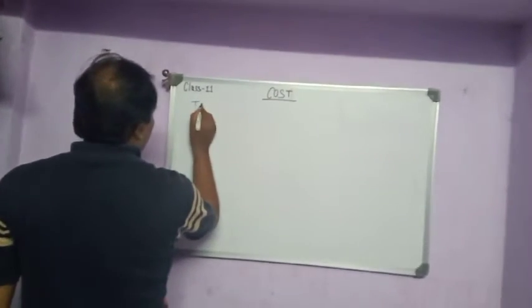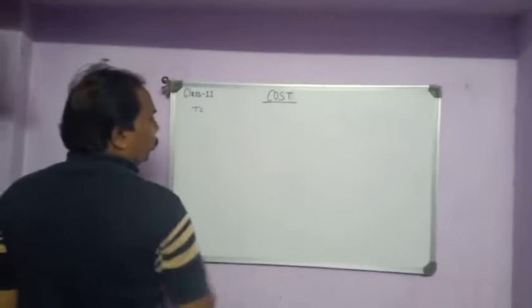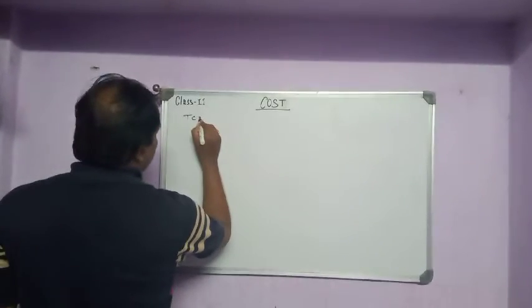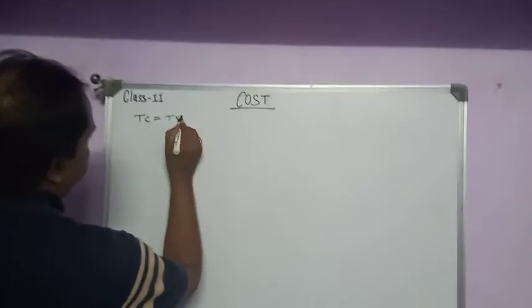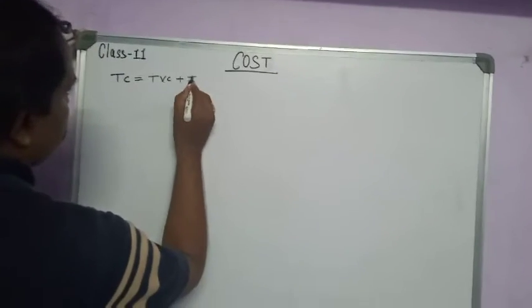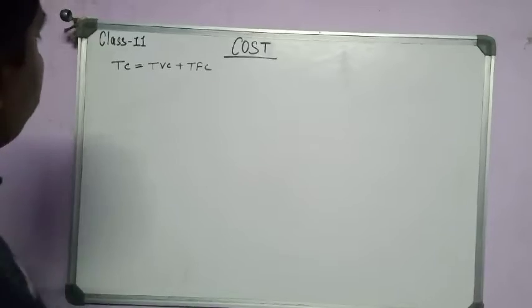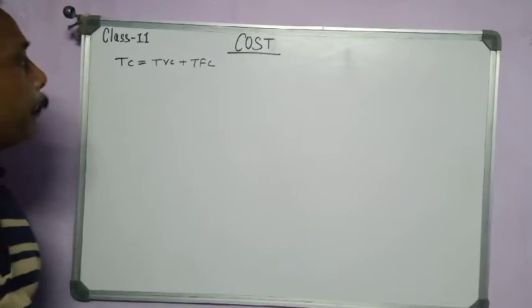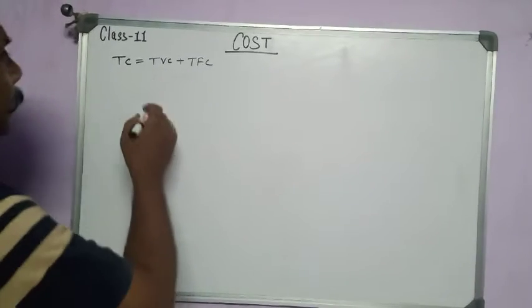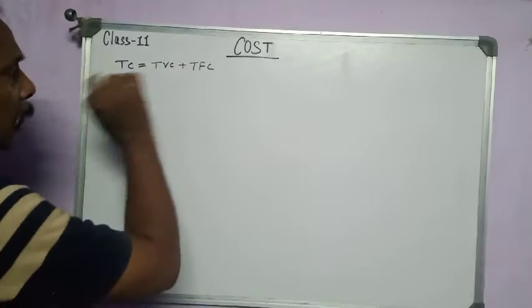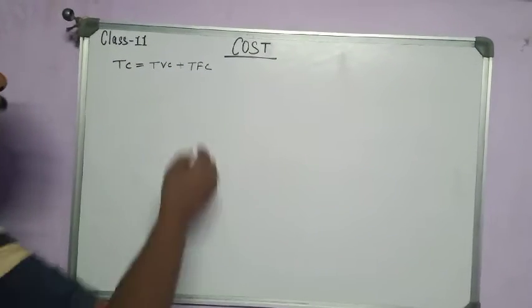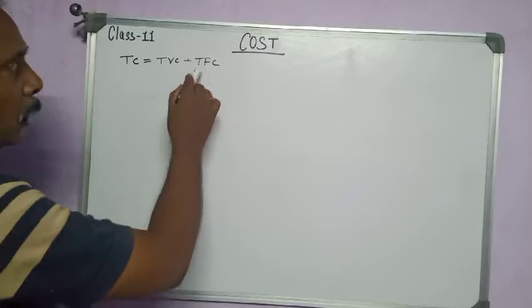Now come to the next topic, and that is known as total cost. Total cost is denoted by TC. So TC is equal to TVC plus TFC. In simple words we can say total cost is the total variable cost and total fixed cost.